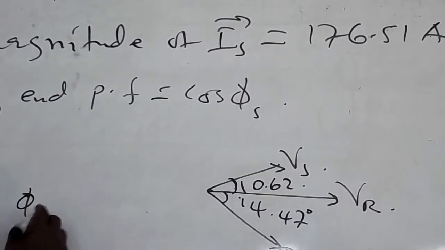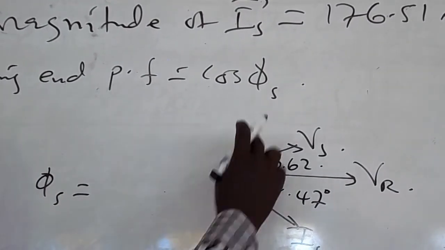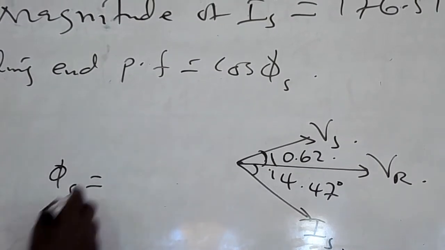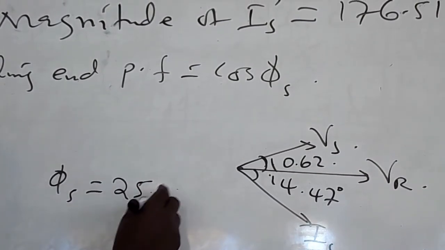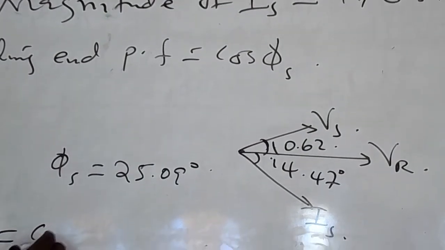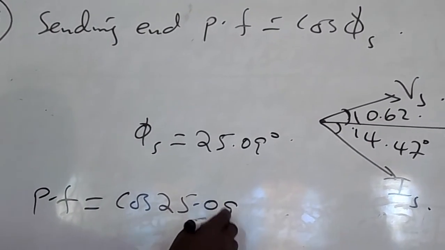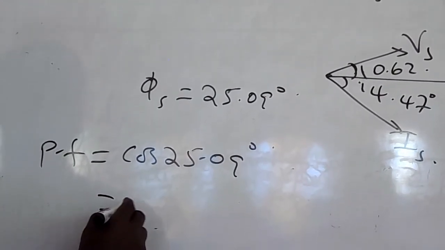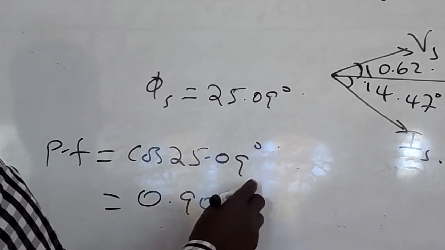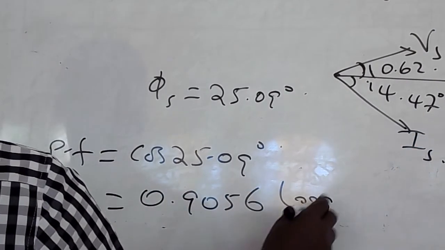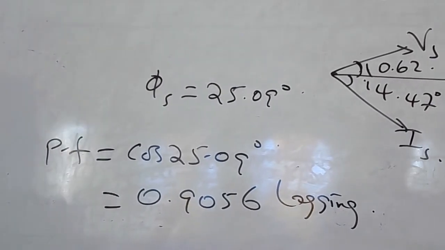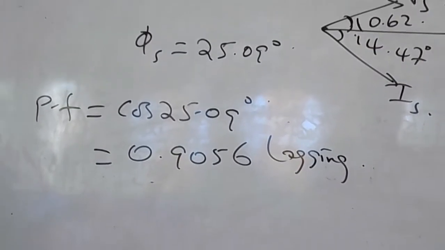So phi s is the angle between Vs and Is. That is, by adding the two, we get 25.09. So that the power factor is equal to cos 25.09 degrees, and that gives us 0.9056 lagging.